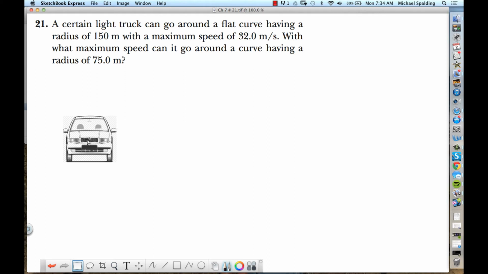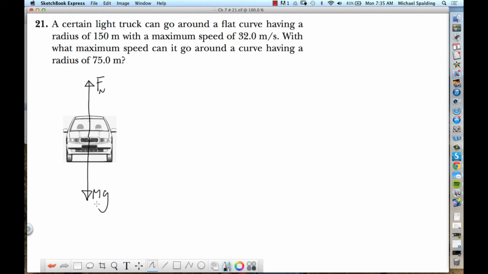So standing directly in front of the truck as it's coming at you, what are the forces you would see? You're standing in the road, the car is coming around the curve, here it comes. What are the forces that you see? Normal force, the truck's on a surface, so there's a normal force. So Fn is up, mg is down, it's supposed to be straight down.